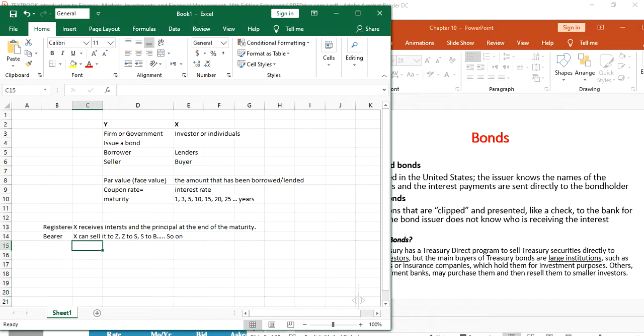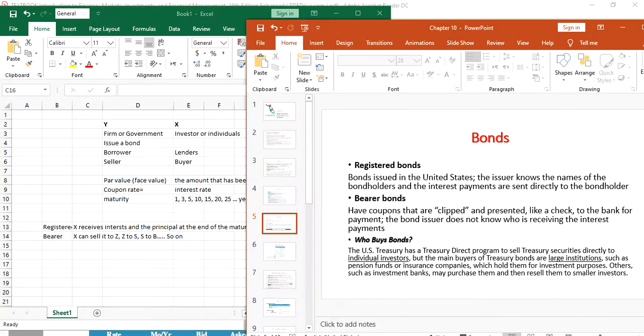He is the guy who receives the coupons. So that's the difference between two essential types of bonds. We have different types of bonds, but essentially based on the agreements we have these two.